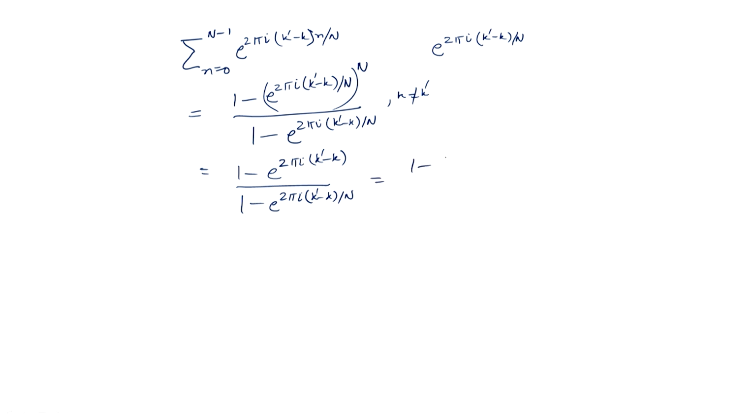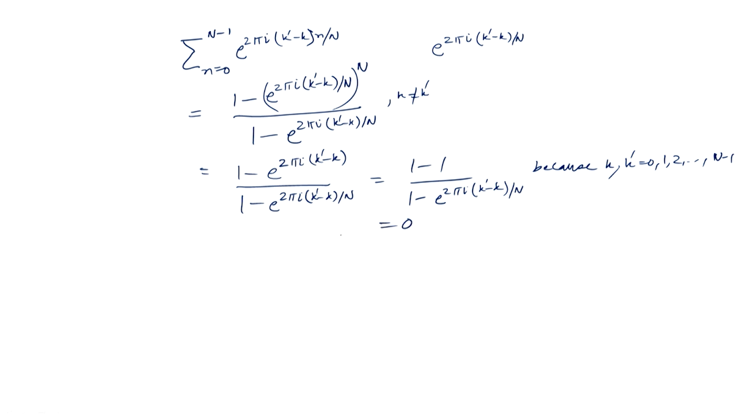So, we have 1 minus 1 divided by 1 minus e to the power 2 pi i (k dash minus k) divided by n. Okay. Because k and k dash vary from 0 up to n minus 1. Now, so this is equal to 0.